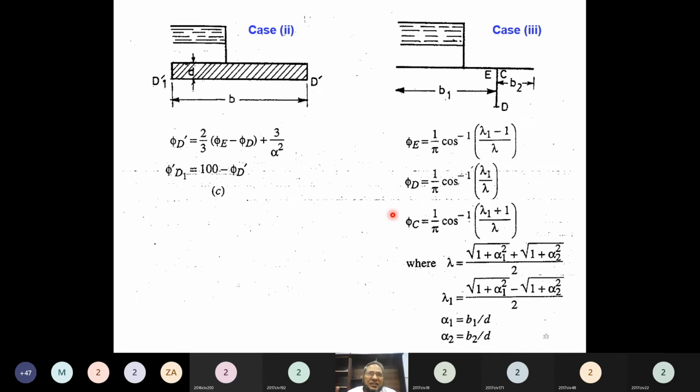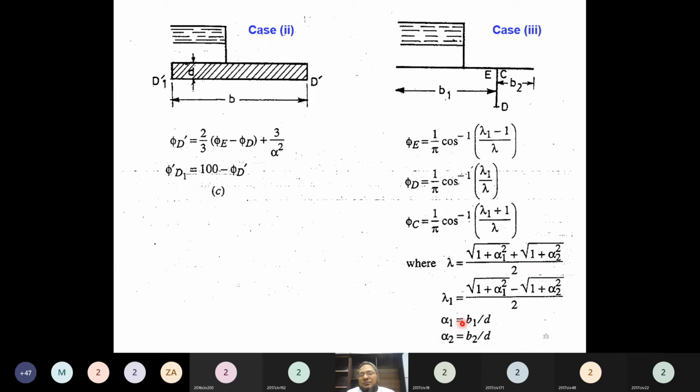दो चीजों के फंक्शन है, lambda and lambda 1. So you can see here lambda and lambda 1 in all 3. Now what is lambda and what is lambda 1? It is defined. So lambda is 1 plus alpha 1 square under root plus 1 plus alpha 2 square under root over 2. And what is the lambda 1? That is the same expression, ये प्लस की बजाय माइनस साइन के साथ है. And what is the alpha 1 and what is the alpha 2?